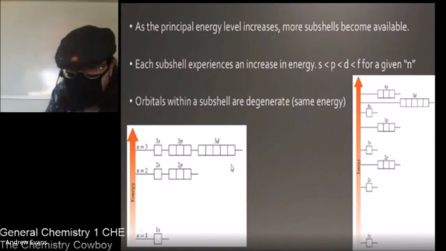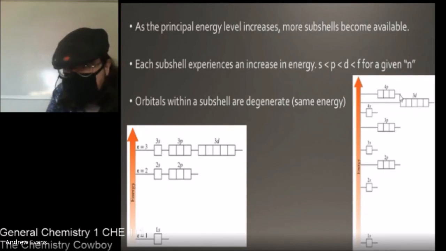So we can look at it like this: S is lower energy, P is higher energy. Then we see S, P, and D. Then you have S, P, and then D way up here and F way up there.